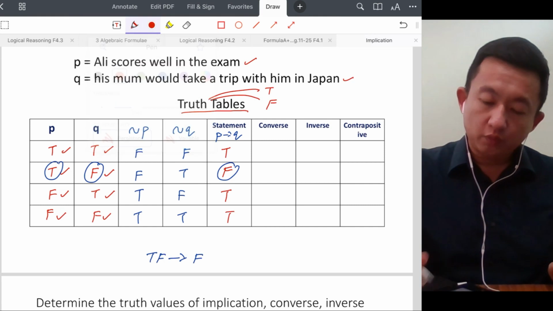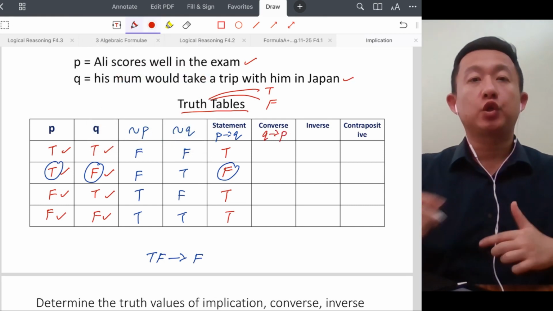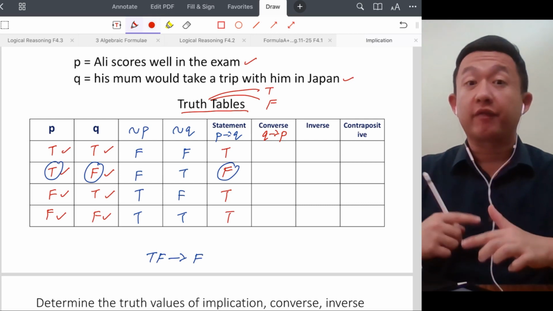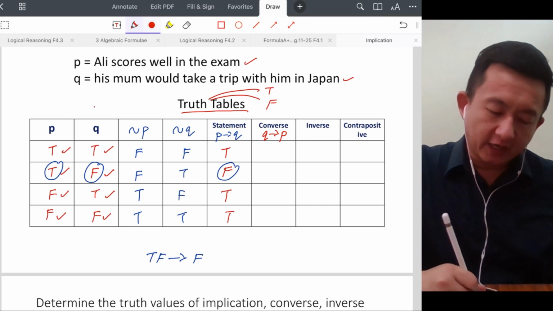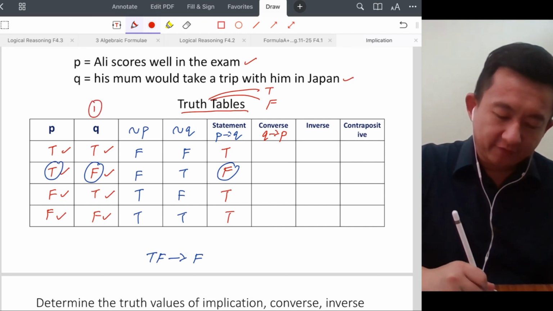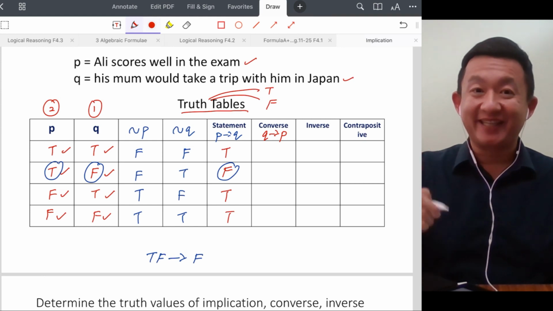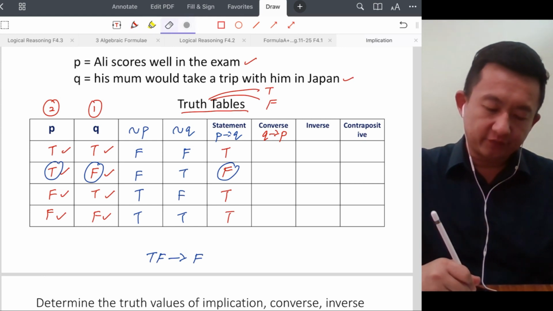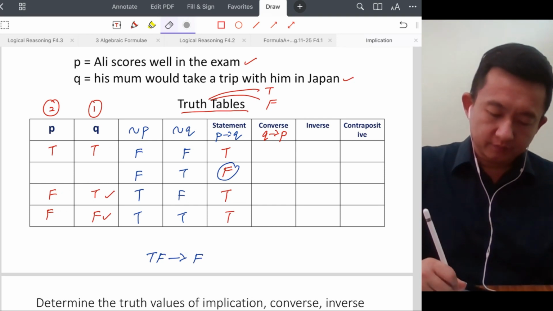Now we go on with the converse, Q then P. Which one do we refer to first, Q or P? We refer to Q, then we refer to P: Q, P. So we look at this column and then followed by this column. The only case which is false is TF.